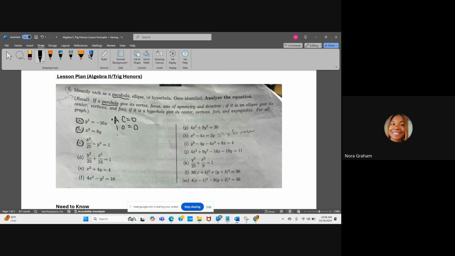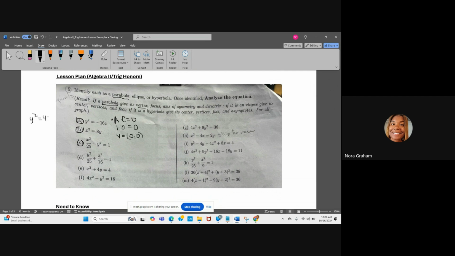Next, let's find its vertex, because they want us to find the vertex. To find the vertex of a parabola, for this one, we notice that our vertex is going to be 0, 0. And that's just by looking at our parent function of a parabola. So our parent function of a parabola, if you forgot, is going to be y squared equals 4xp.